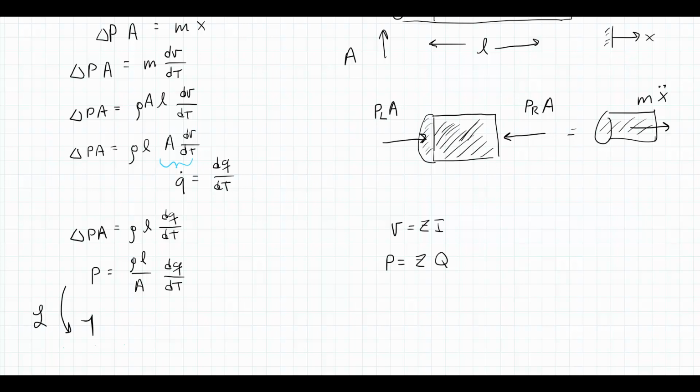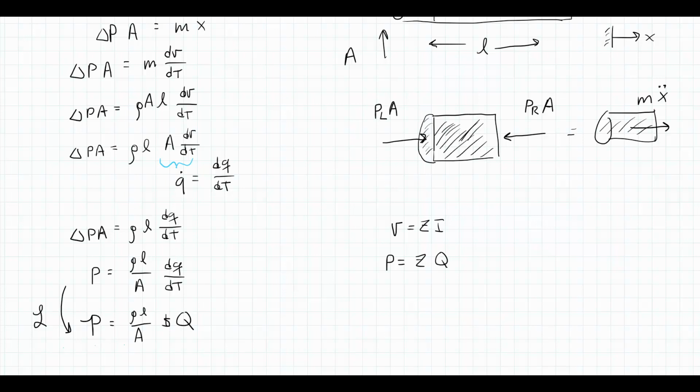So P will go to capital P, again a function of s because pressure was a function of time, equals rho, L, and A are constant in time and therefore are not affected by the Laplace transform. And we have a dQ dt or a Q dot. Either way we would want to express it, we have a time derivative of Q. Well, thinking back to Laplace transforms, a derivative in the Laplace domain is the same as multiplying by s. So that is the same as s times capital Q.